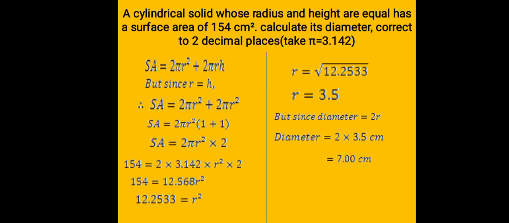Now it means that everything is common there, so we simplify the equation to be 2 pi r squared into 1 plus 1. Further simplification is 2 pi r squared times 2. Now we put the variables there and find r. So r is 3.5. But since the diameter is 2 multiplied by r, the diameter is 7.